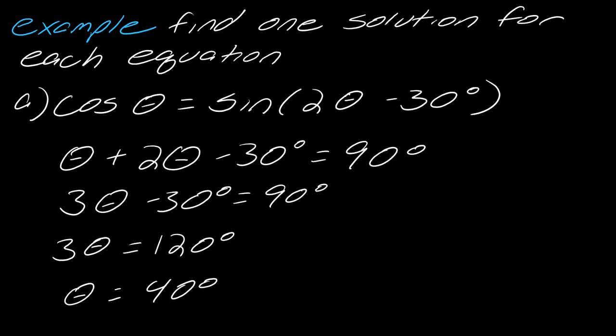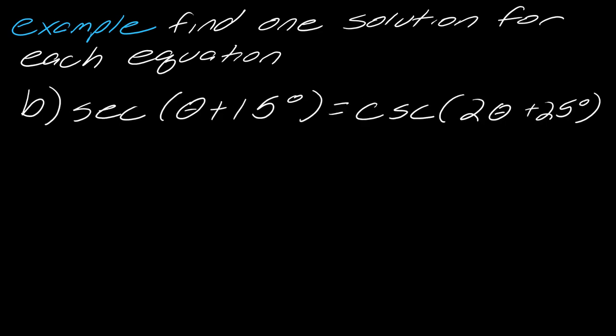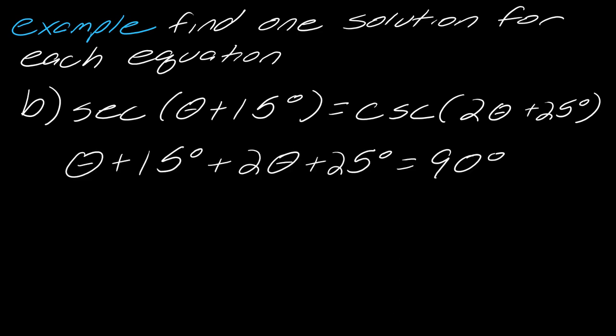There you go. Okay, and then one more. I highly recommend that you pause the video here and try this on your own and then hit play when you're ready. Remember, math is not a spectator sport. Okay, so I've got secant and cosecant, so these are cofunctions of one another. And so once again, I know then this angle and this angle needs to add up to 90, right? So once we know that, we can just keep going.